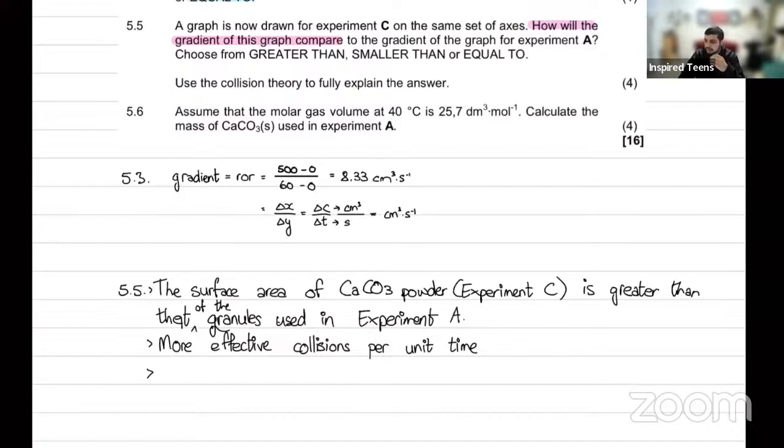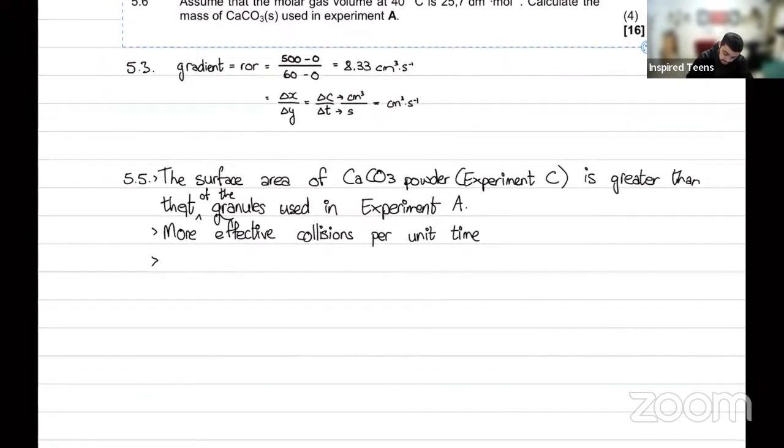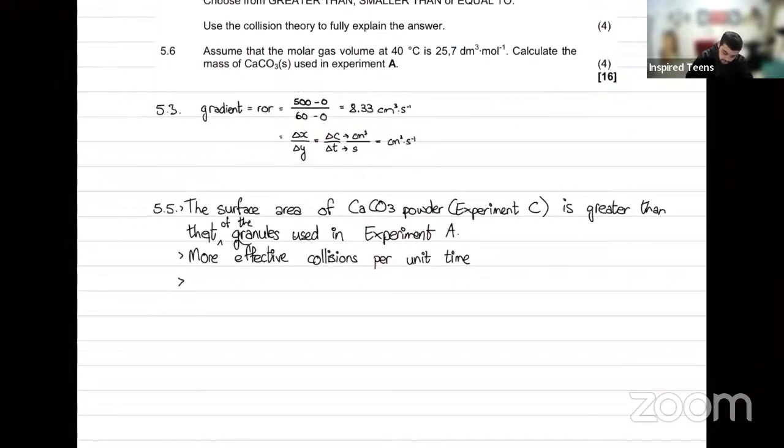So this is 4 marks. And then they mention higher rate of reaction. Why is this pen not working? So this one you only have to mention 3 points.